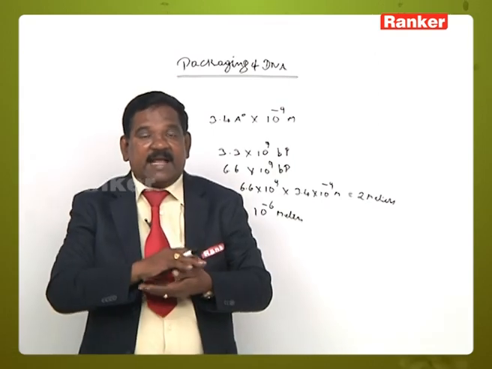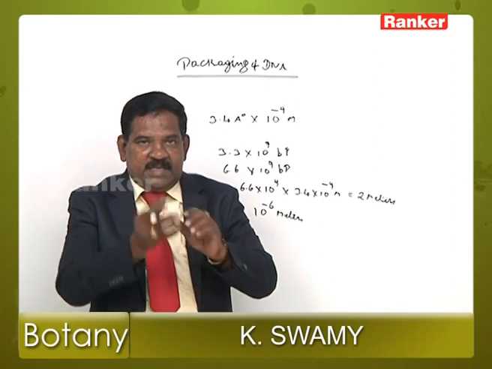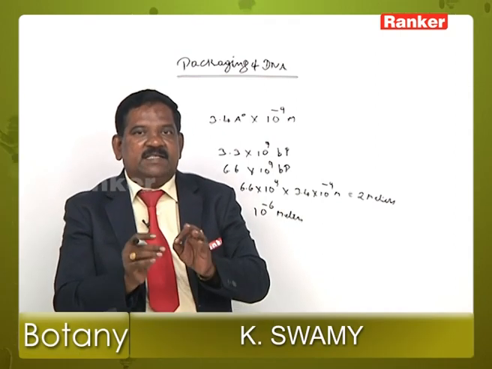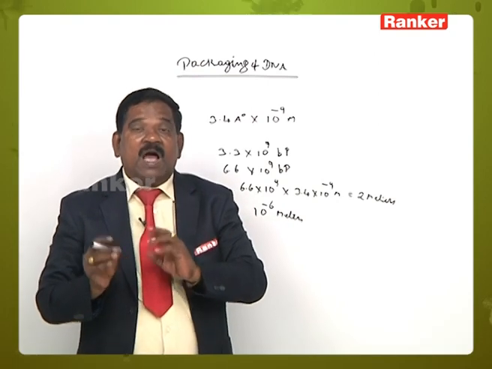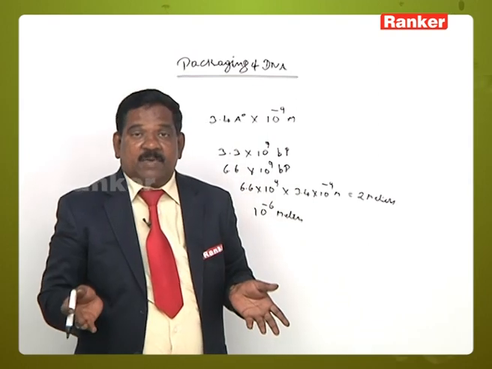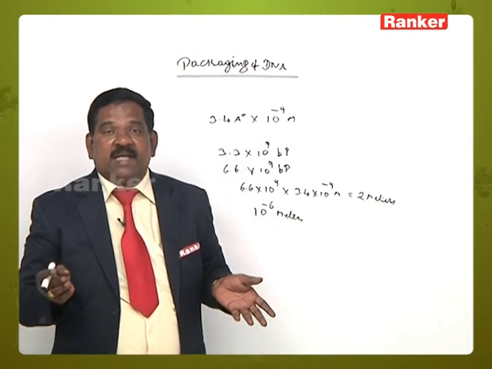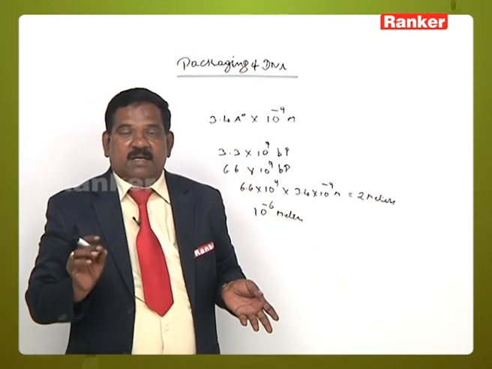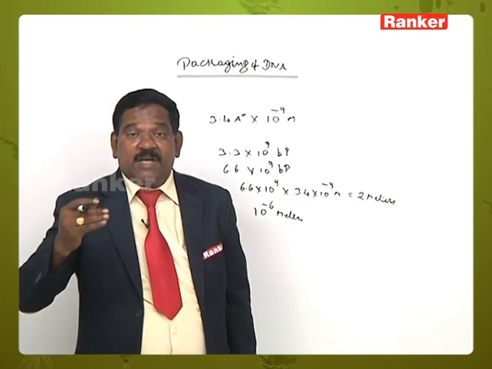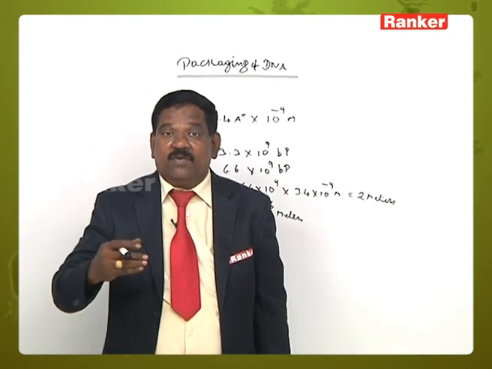That is called packaging. This DNA is folded in many ways and adjusted in 46 chromosomes, and those 46 chromosomes are arranged in that smaller nucleus. The diameter of that nucleus is generally 10 to the power of minus 6 meters. Then how does it package, how does it fold, in how many ways does it fold?